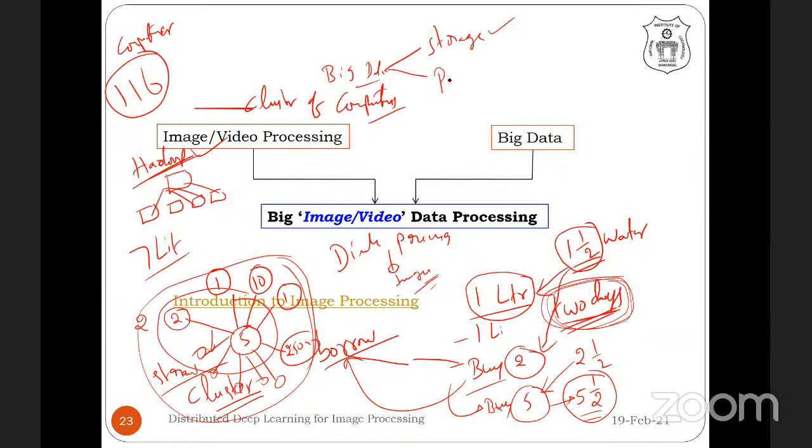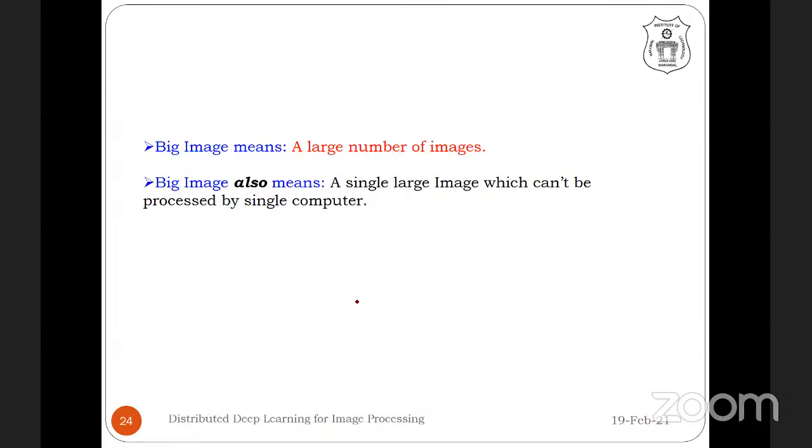Then processing. If you understand these two examples, whatever book you study now, most probably you can follow all the big data technology. So when it comes to processing, assume that you are a faculty and this is your HOD.